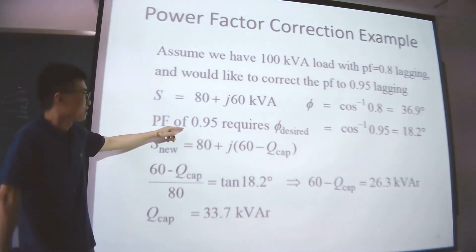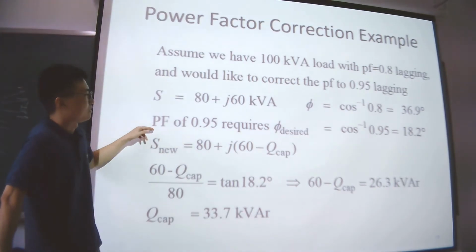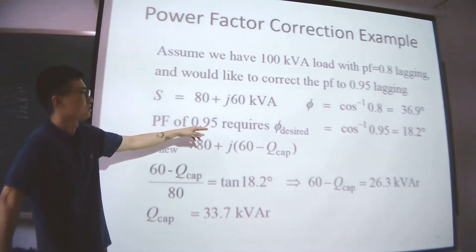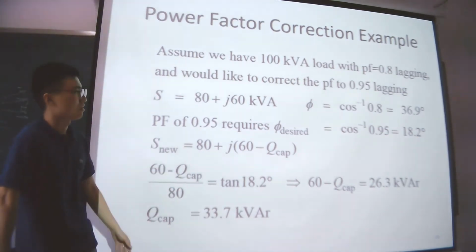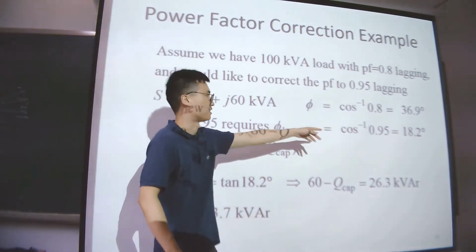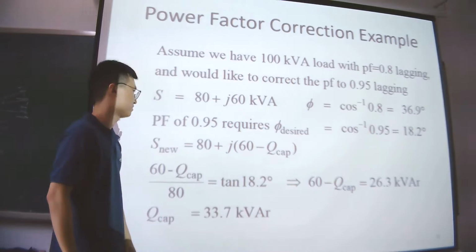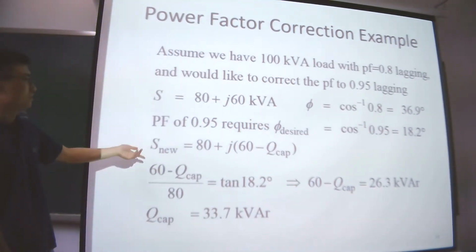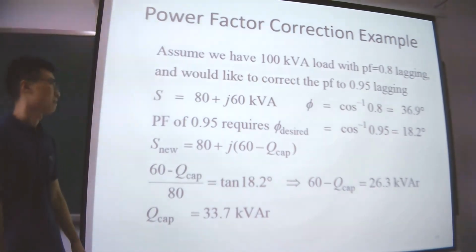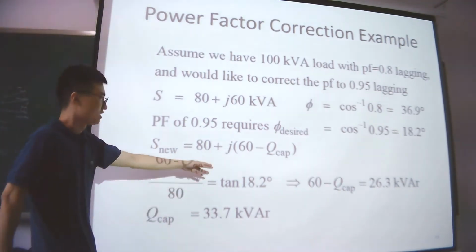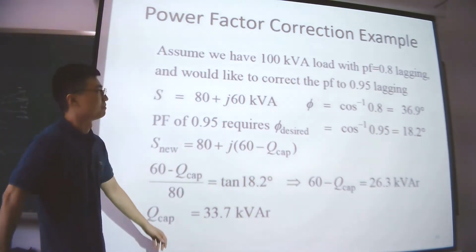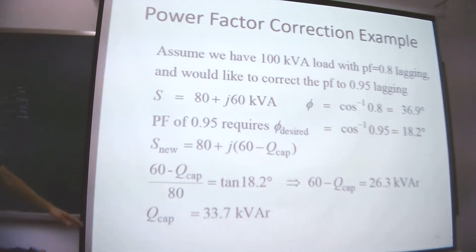Then you can calculate the required power factor of 0.95, which gives an angle of 18.2 degrees. So the new complex power you need is like this, because you need some compensation.